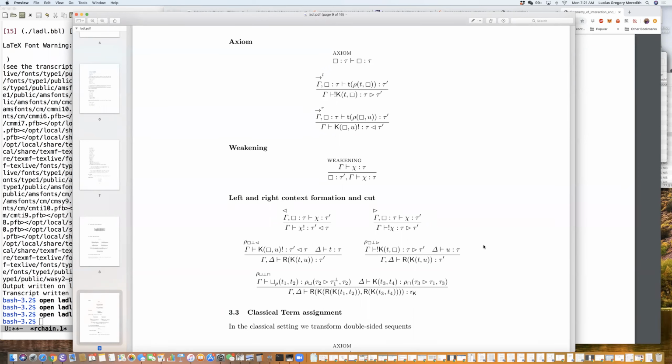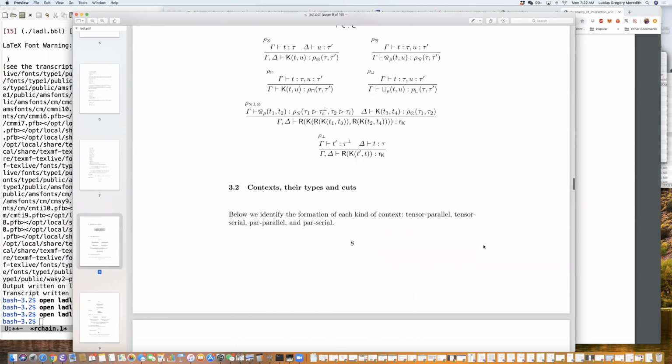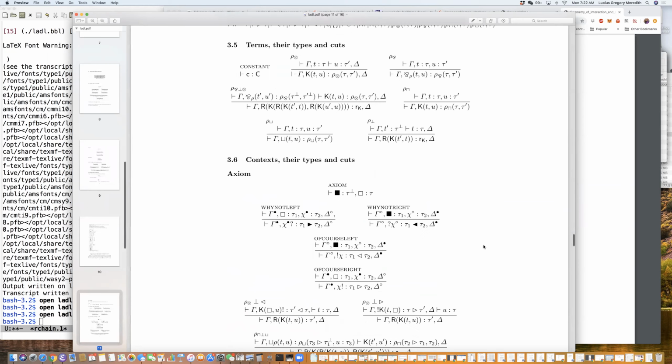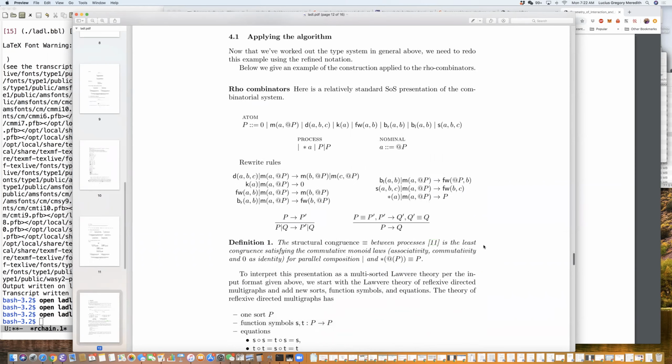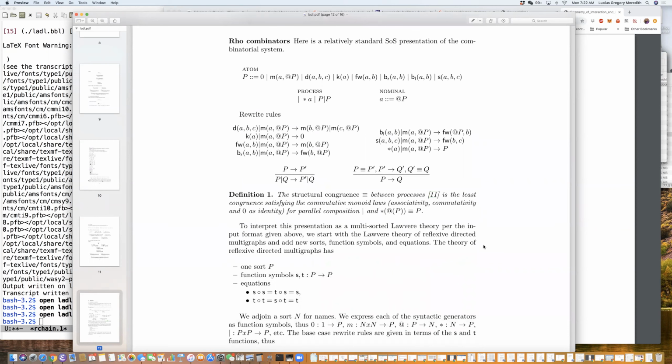So what we've found is a way to insert a trace, and the natural place to insert the trace is, of course, on the left-hand side of every rewrite rule. So for example, if we are looking at the rho combinators paper, we're inserting the evaluation context machinery at the left-hand side of all the rewrite rules. That's what's going on.